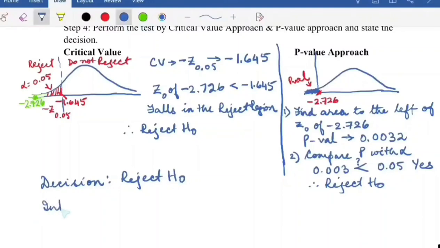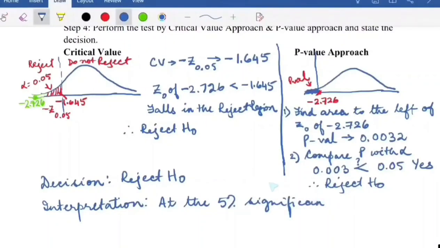And of course, we have to put in our interpretation, which is going to be at the 5% significance level. Let's separate this. At the 5% significance level, the data do provide, all right?